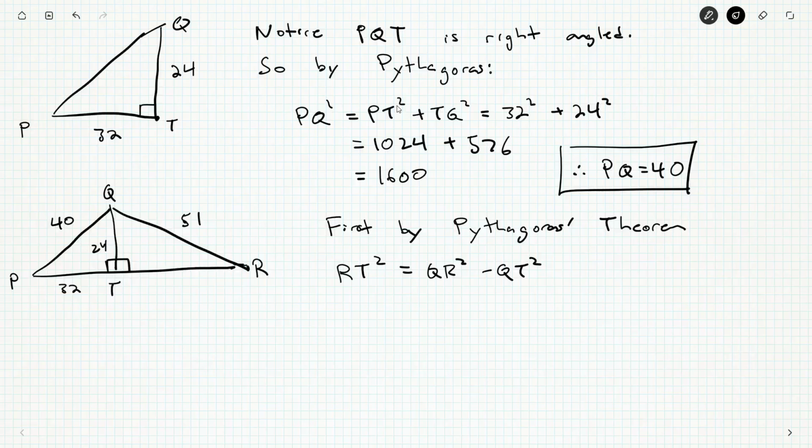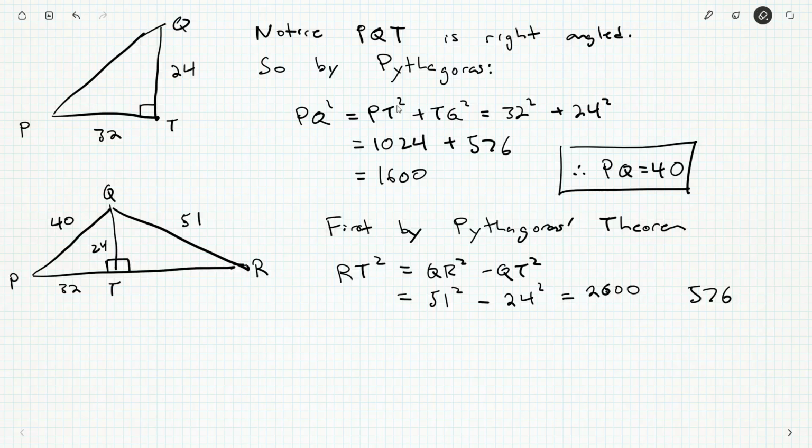Okay, so RT squared is 51 squared minus 24 squared, and that's what? So 24 squared, I know that's 576. 51 squared, well, that's 50 plus 1 squared. 50 squared is 2500. And then it'll be plus 2 times 50, so that'll go up to 2600 plus 1.